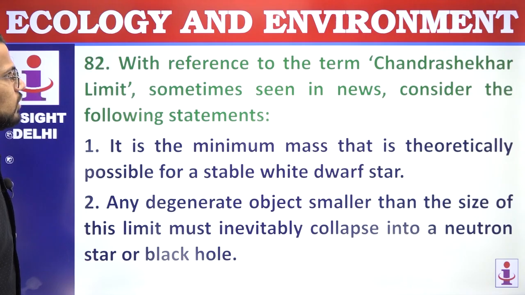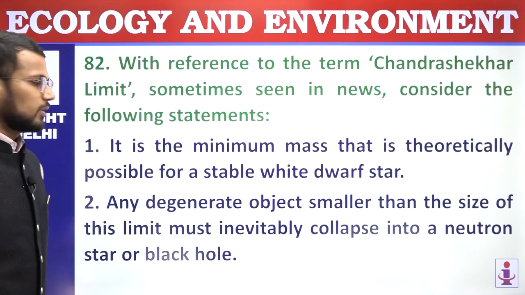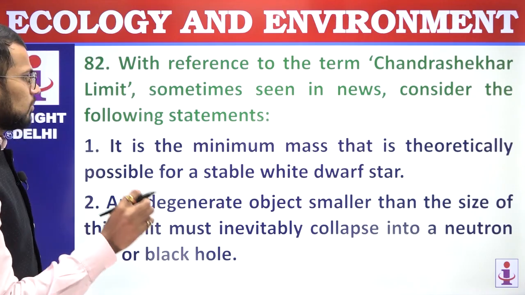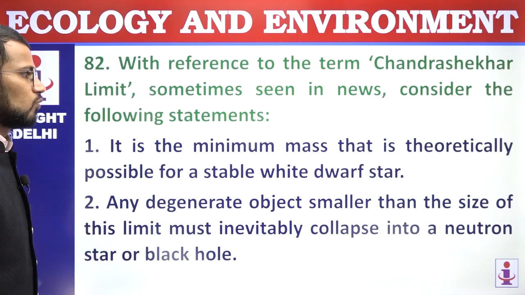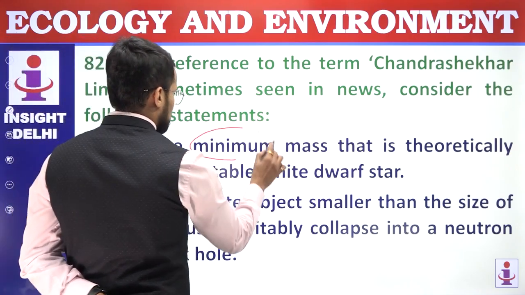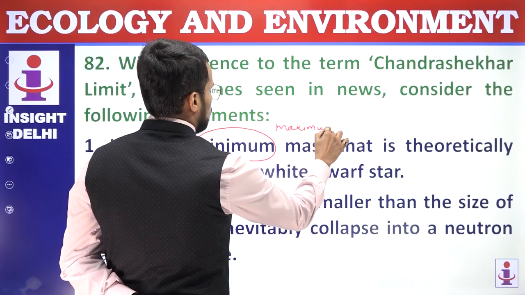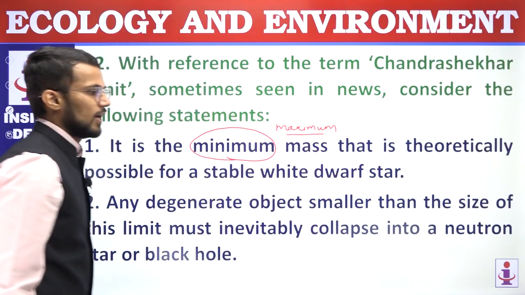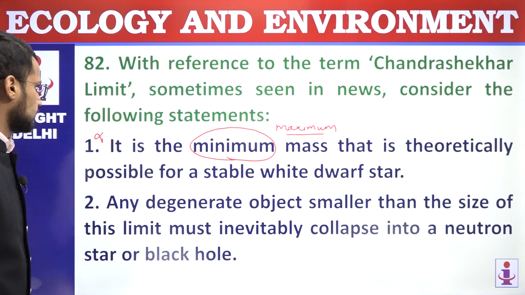82. With reference to the term Chandrasekhar limit, sometimes seen in news, consider the following statements. First, it is the minimum mass that is theoretically possible for a stable white dwarf star. Now, it is not the minimum mass, it is the maximum mass that is possible for a stable white dwarf star. And that's why the first statement is incorrect.